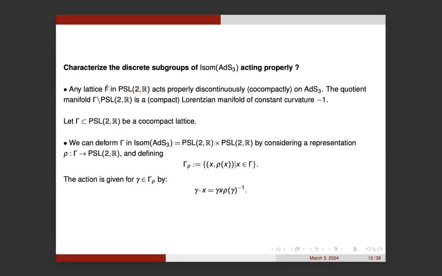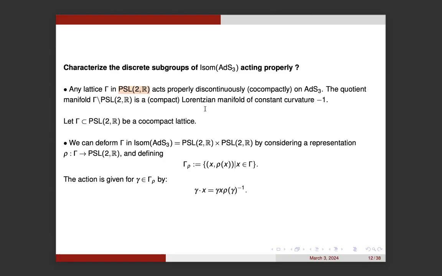So any discrete subgroup, in fact, inside PSL(2,R) acts properly on itself. And remember that anti-de Sitter space is exactly identified with this group PSL(2,R) with its left invariant metric. So any lattice here gives, when I take the quotient, a compact Lorentzian manifold of constant curvature minus 1.